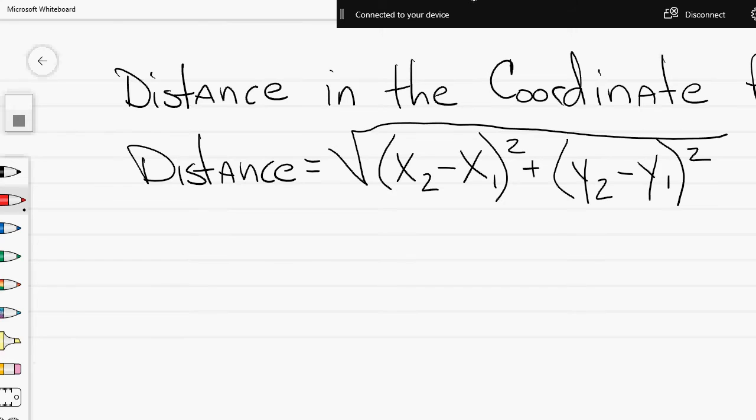At this point P, we're going to call this x sub 1 and y sub 1. There's your x sub 1, which is 1, and your y sub 1 is also 1. Then at the other point, we're going to call it the second point. So this is your x sub 2 and your y sub 2.